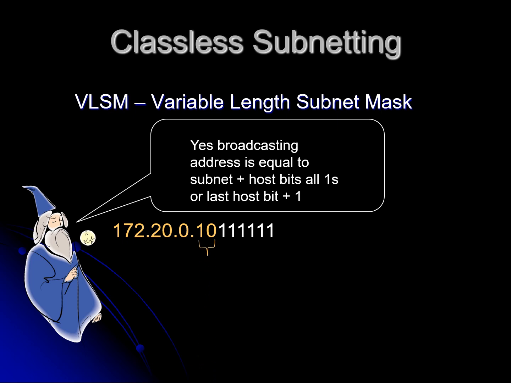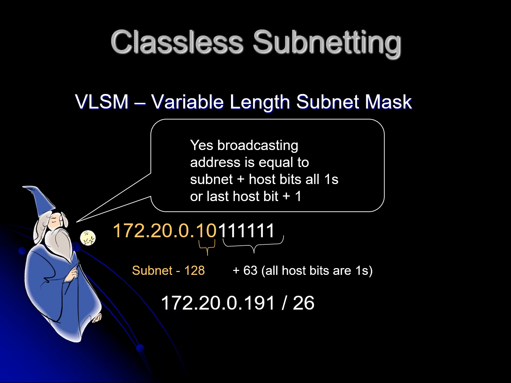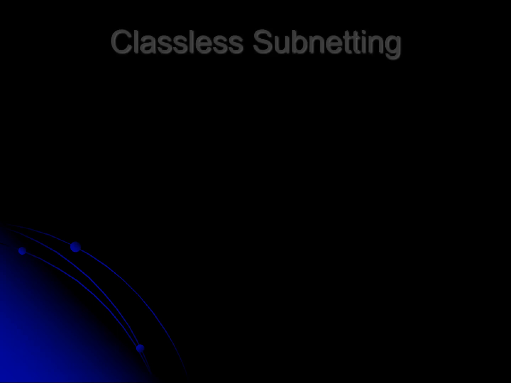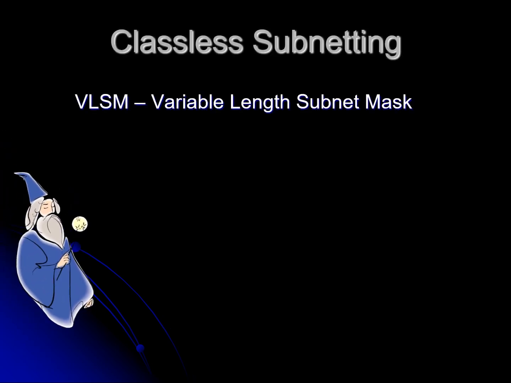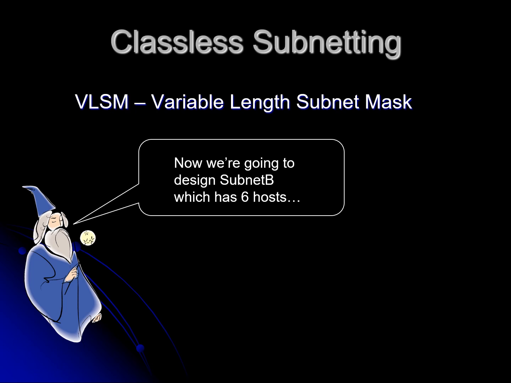Yeah, so there's your subnet, your host bits 63, and that gives you 172.20.0.191/26. That's your broadcast address. Okay. So we've got subnet C sorted.